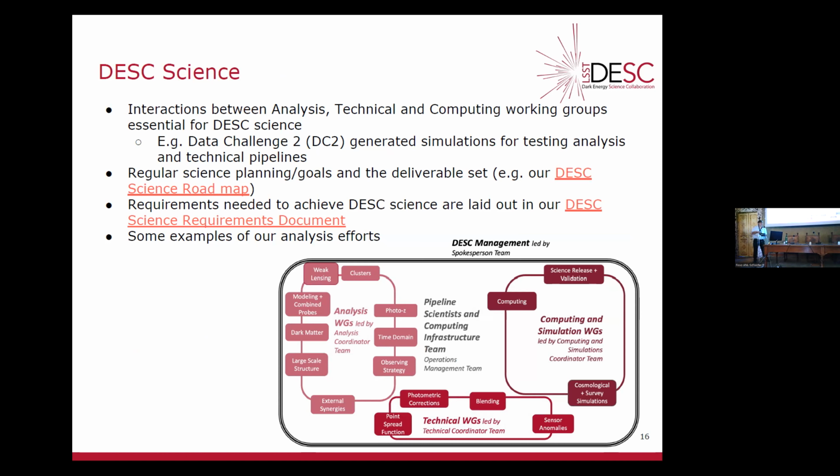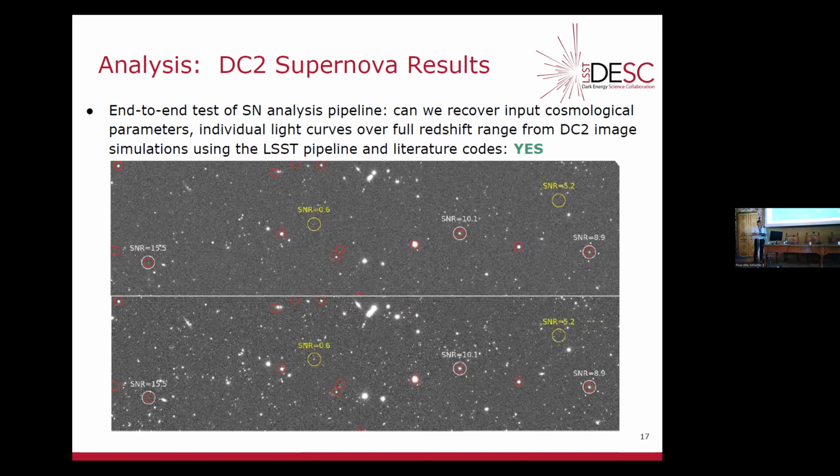There are regular science planning goals and deliverables set inside the science roadmap, and all the requirements needed to achieve the DESC science are laid out in the science requirements document, as I said previously. I will show some examples of our analysis effort. I chose two examples: the first one for the transient sky, another one for the static sky.